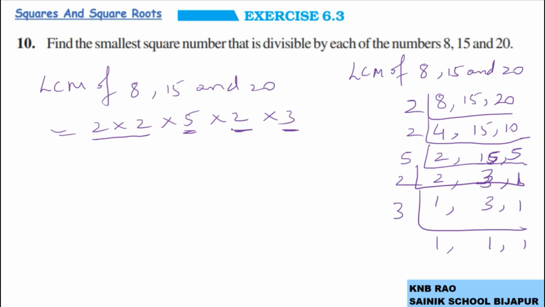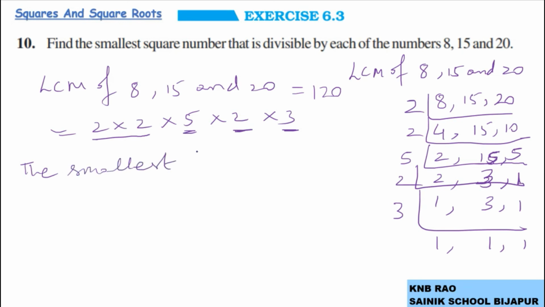What is this number? It is 120. This number is to be multiplied by 1 5, 1 2 and 1 3, so that they become pairs.